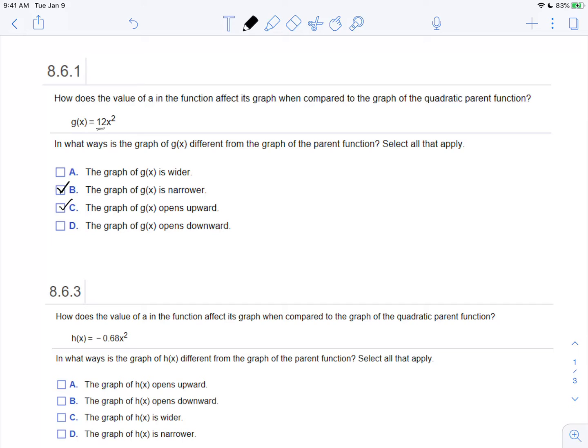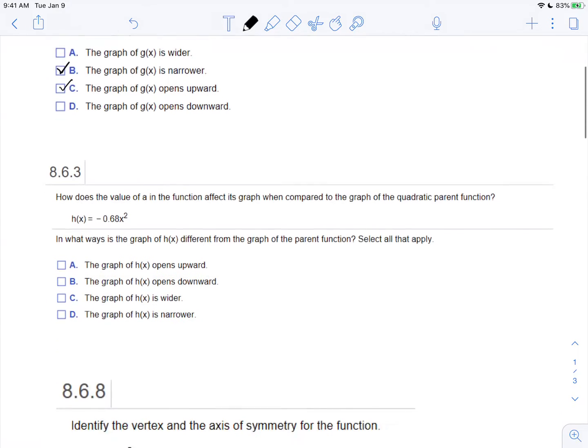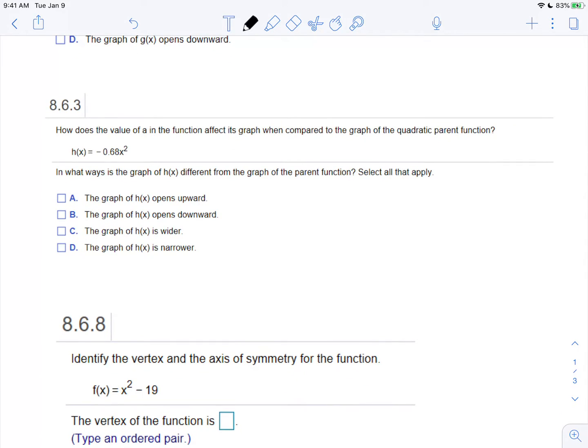So it's narrower and opens upward. For this one, we have a negative 0.68, so now this a value is between 0 and negative 1. That's going to make this graph wider because that a is between those values. And because that a is negative, it's going to open downward. Okay?